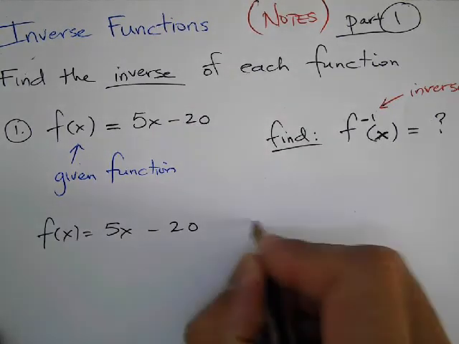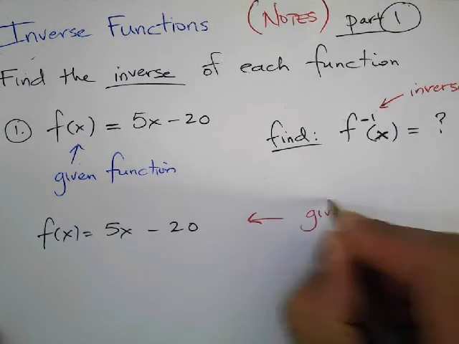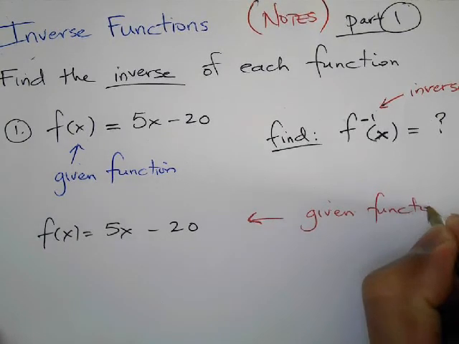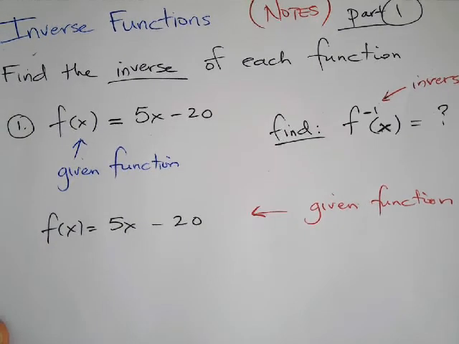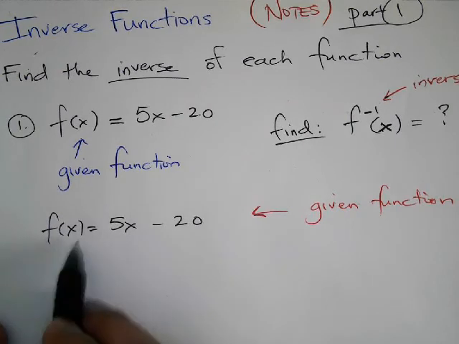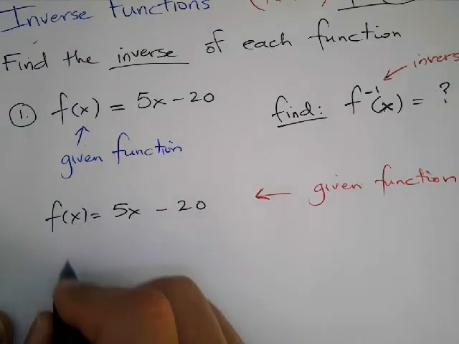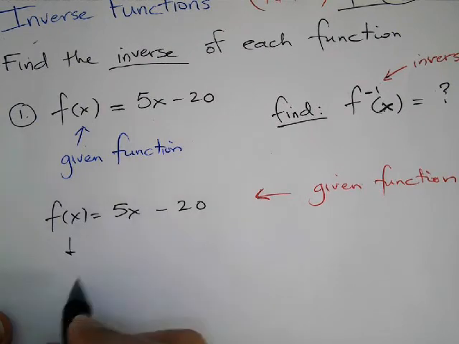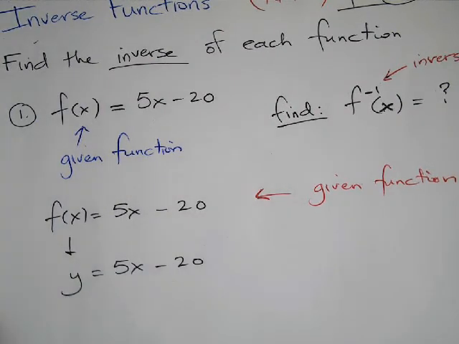Okay, so start with the given function. And the first thing you're going to do, no matter what letter is here, F, G, H, whatever, you're just going to change it temporarily. Remember, this is the same as Y, remember? Going back to just looking at an equation.